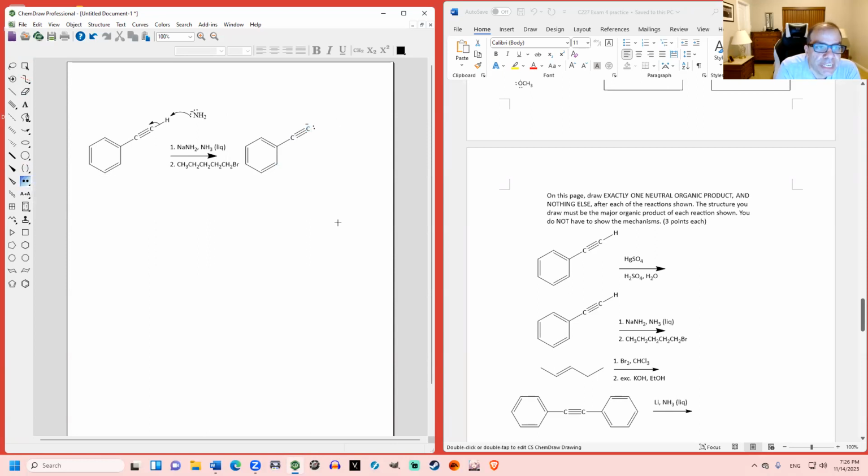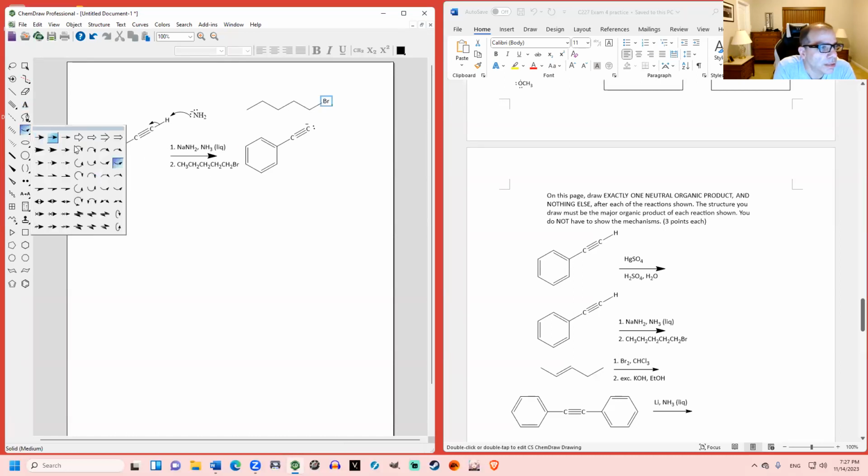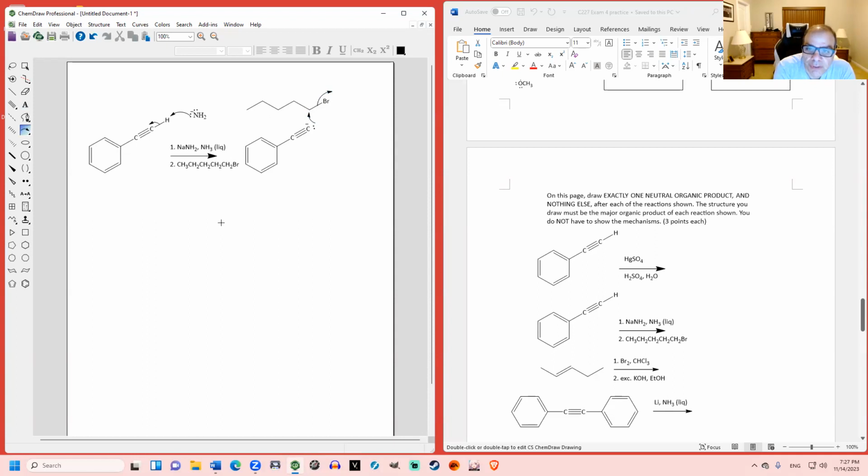And so you get this at first. This now is an excellent nucleophile and can react in an SN2 reaction. We'll talk about that tomorrow. And so we've got 1-bromopentane. That's what you see here in step 2. The nucleophile attacks the substrate. This is a chapter 11 reaction, essentially.